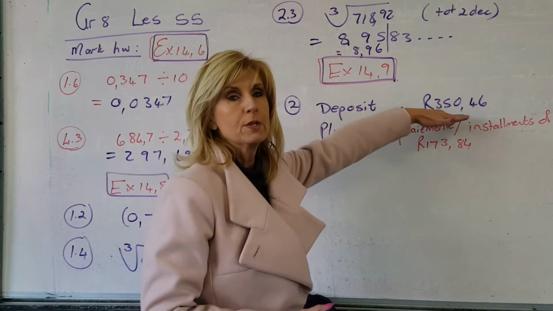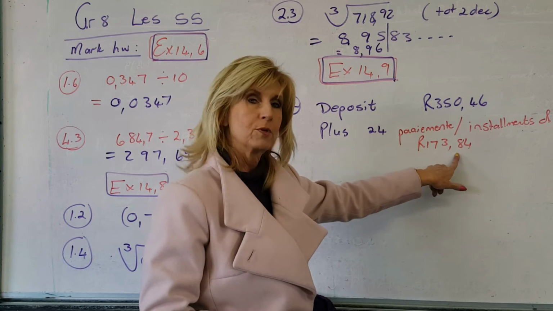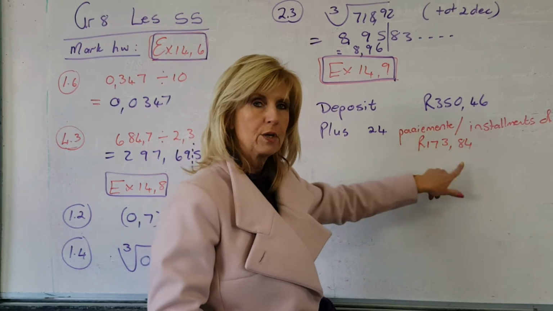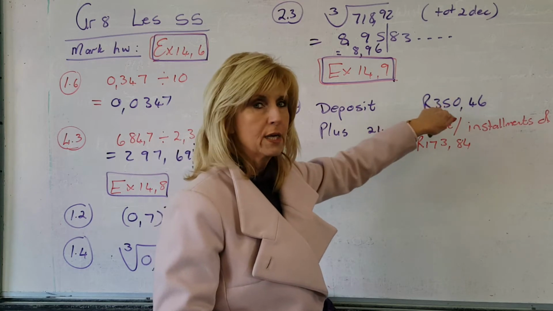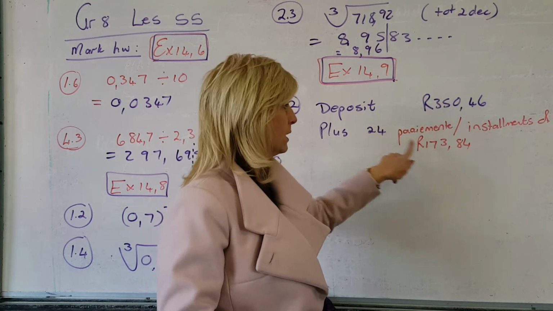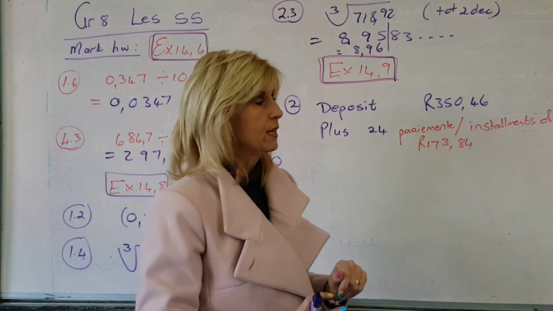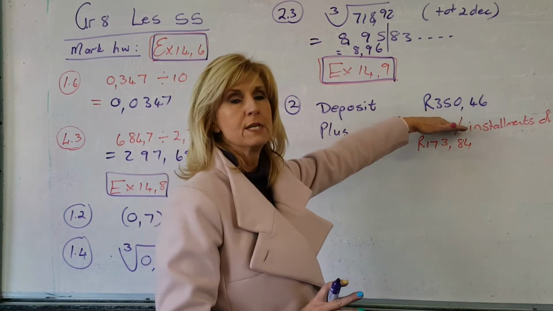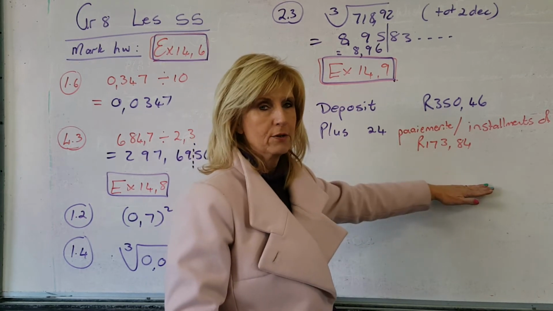You paid the deposit and you paid 24 payments of that amount. So you must first work out what 24 times this is, and then you add the deposit. But not 24 times the deposit, 24 times the payments plus the deposit. So the whole story is if you pay a deposit plus 24 installments of that amount.